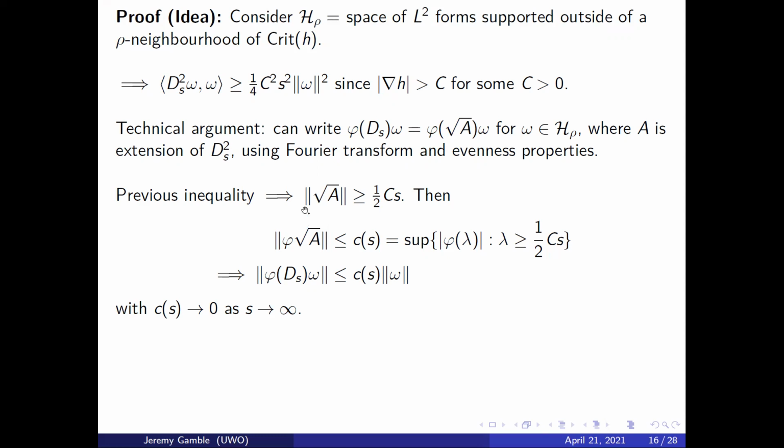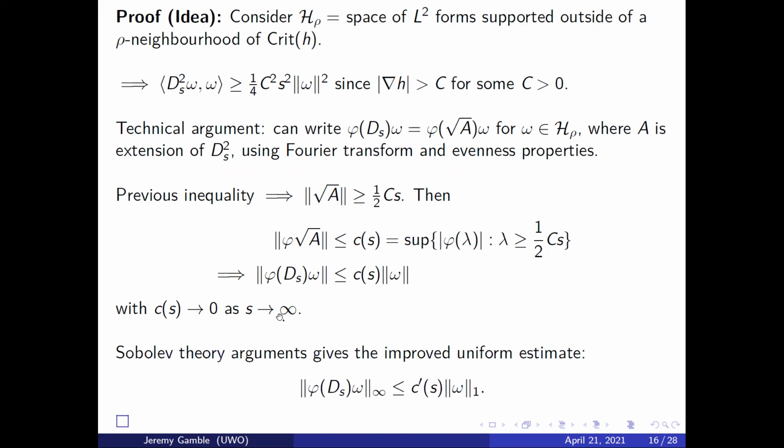This should be phi square root of A. We get this bound on this operator here because phi is Schwartz class and is rapidly decaying as s goes to infinity. We can bound it for each s, which implies that we just get a bound on this whole operator, which is good because these two things agree.